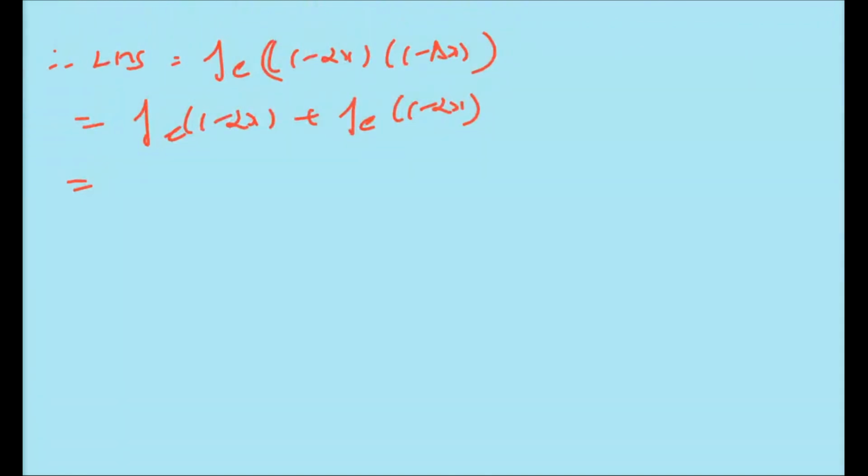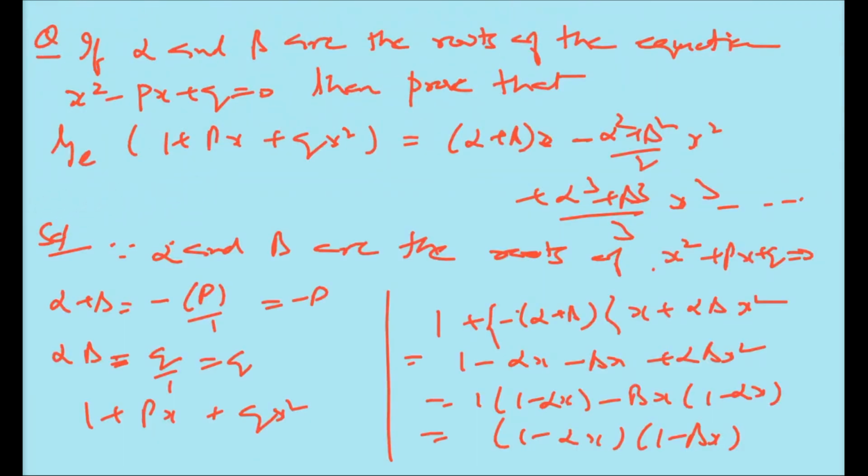Let's check it before what I have given in the question. Minus px, so alpha plus beta x is p, alpha beta is q, and here the question is given px plus qx square, p what I have written here is minus, so we write here minus, so that is equal to p.